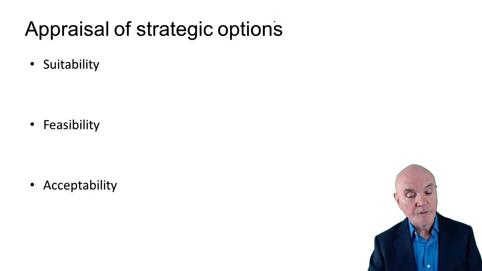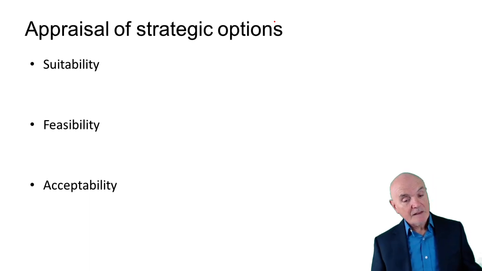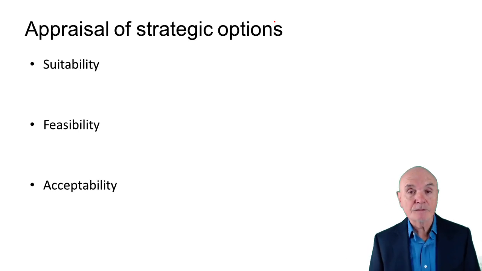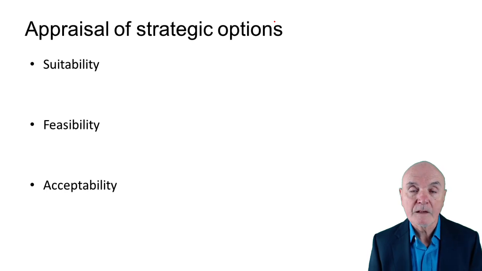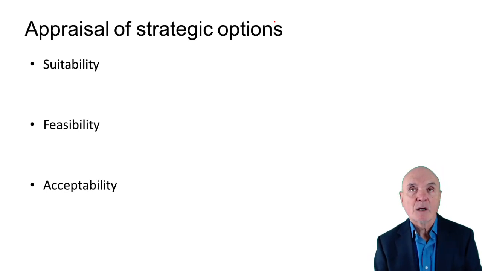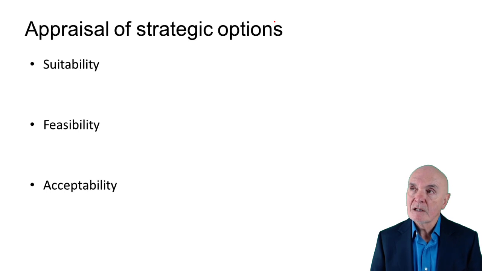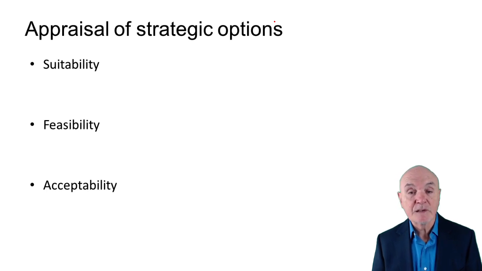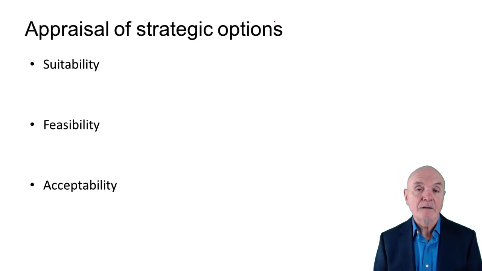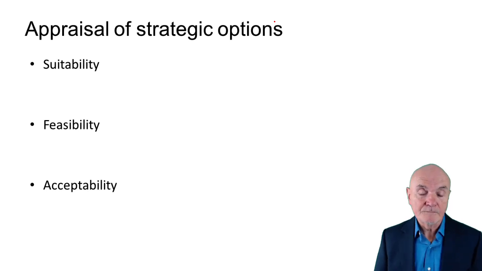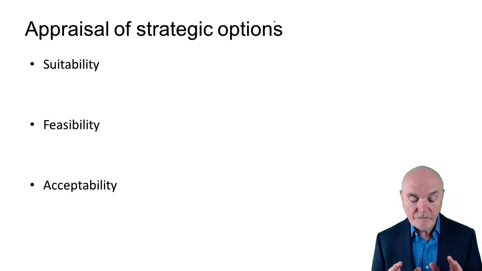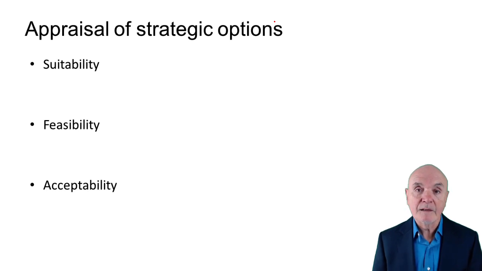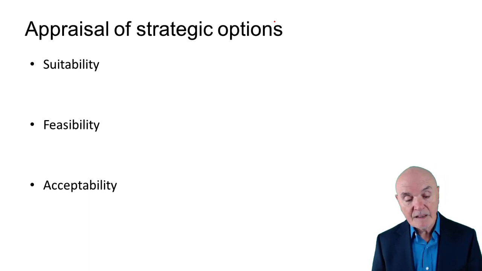The sort of answers that would come up, again, the model answer didn't use any sort of model. And by far the commonest model to be used when you're asked to evaluate 2 strategies is the suitability, feasibility, acceptability model, very well known, very well embedded in strategic work.